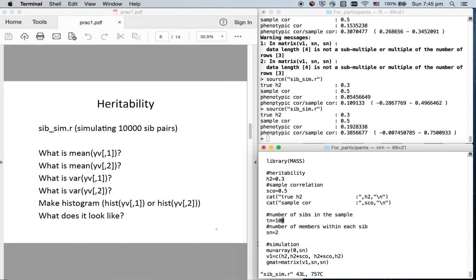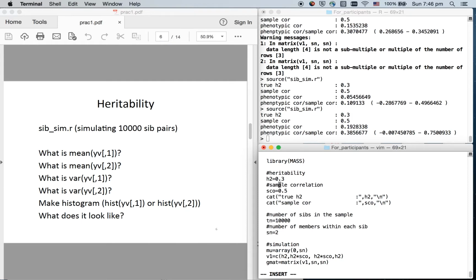In this case, sib pairs is 10,000. In your code, I don't know what value you have, but you need to change it to 2. So assume you have one pair from each family. That's what this simulation does. So let's go through this code.